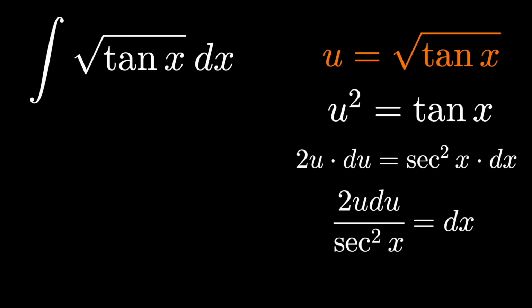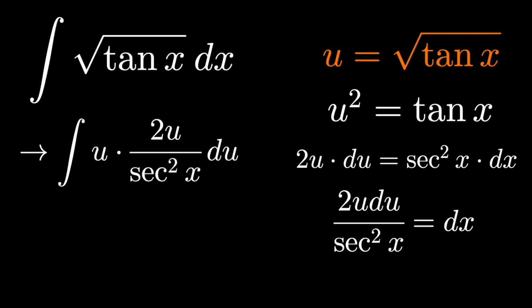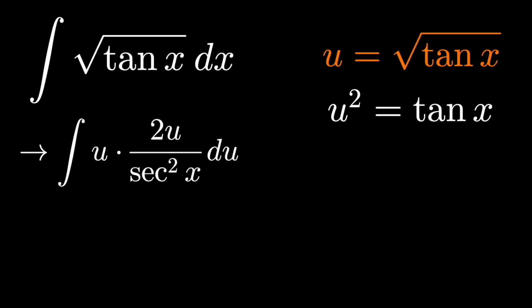Making these substitutions inside of our integral is going to leave us with this secant squared x in the denominator, and since we're integrating in terms of u, everything in our integrand should be u's. What is secant squared x in terms of u? Well, head back to our substitution.